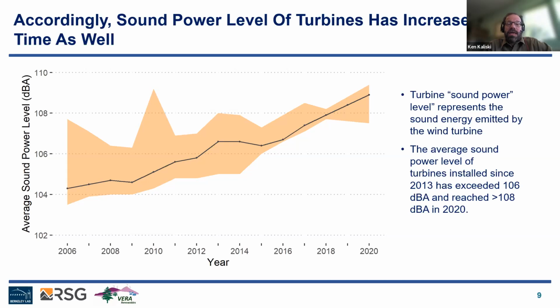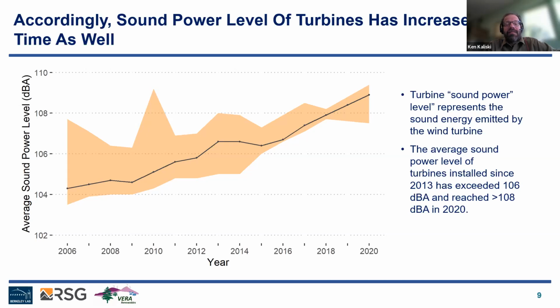And by 2020, that increased to a little under 109 decibels. So almost a 5 decibel increase over that span. And we can also see that the range of sound powers have also decreased. So we're not getting brands or manufacturers generating very high or very low sound emissions.